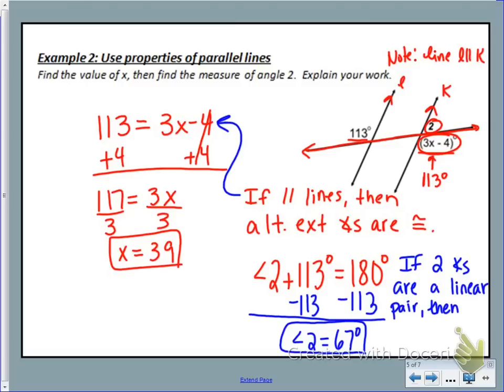Then they are supplementary. And that's our justification. I know at this point it might still be difficult to put your reasoning into if-then statements, but just continue to practice it and you'll get stronger at it each time.